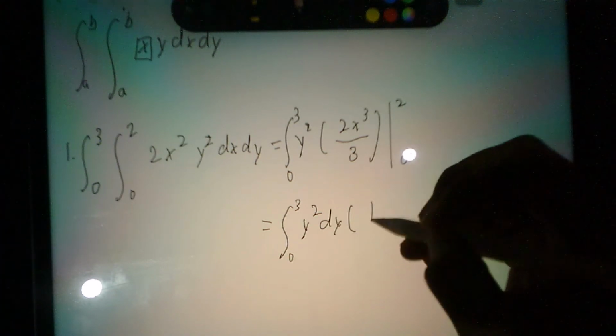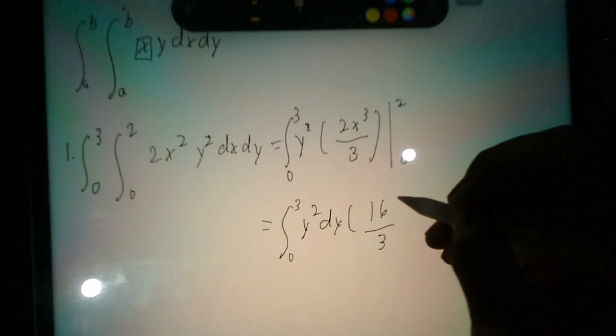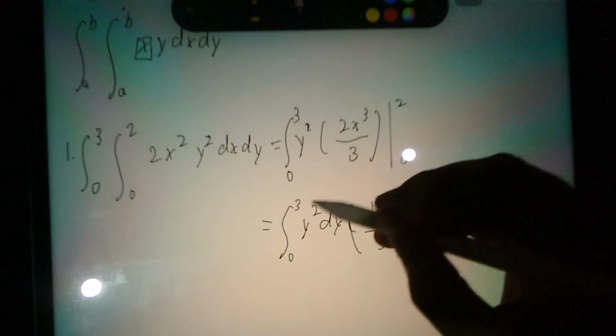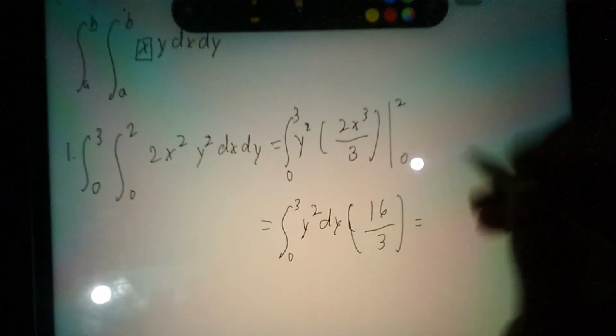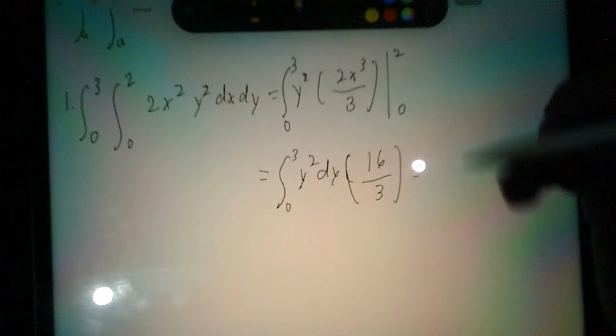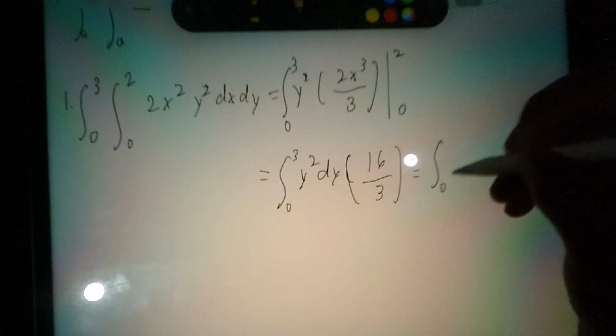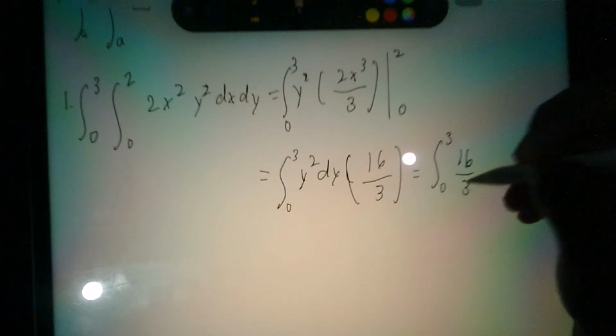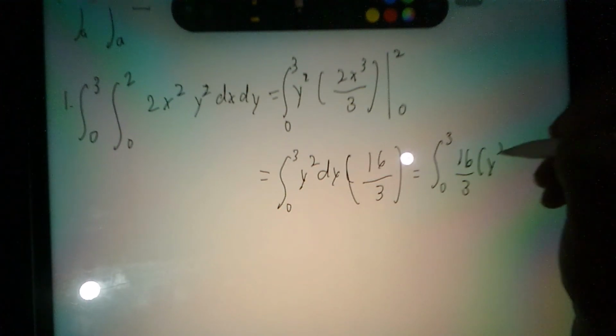Now by simplifying this even further, our answer here is integral of 16 over 3 y squared dy.